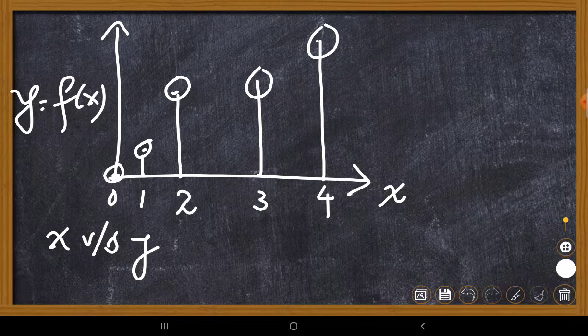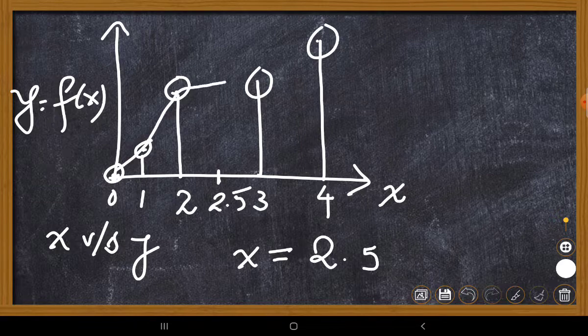Suppose you want to find the value of y when x is equal to 2.5. 2.5 will be located here between 2 and 3. So what you do by the graphical method is plot this graph and then locate the point x equals 2.5 in the graph.